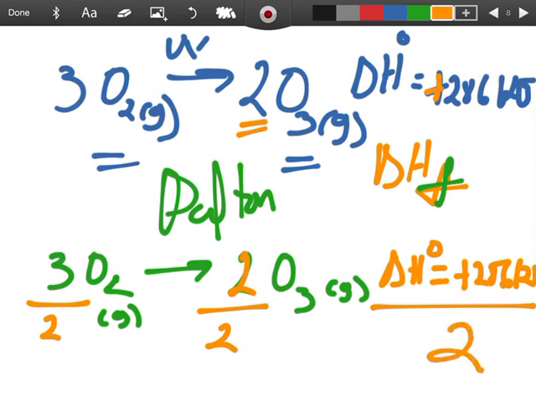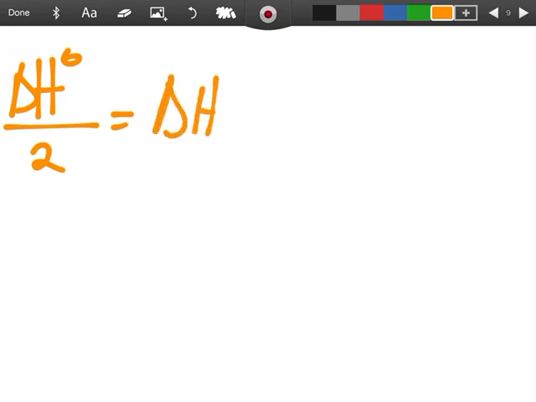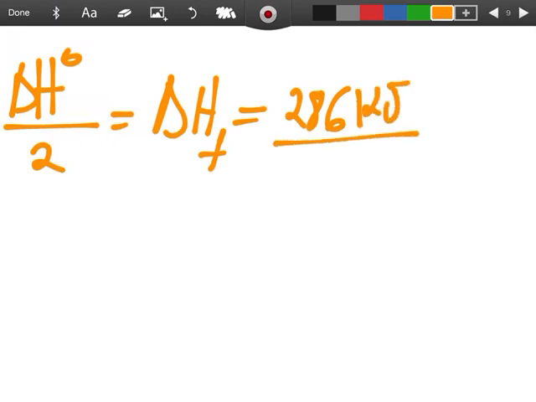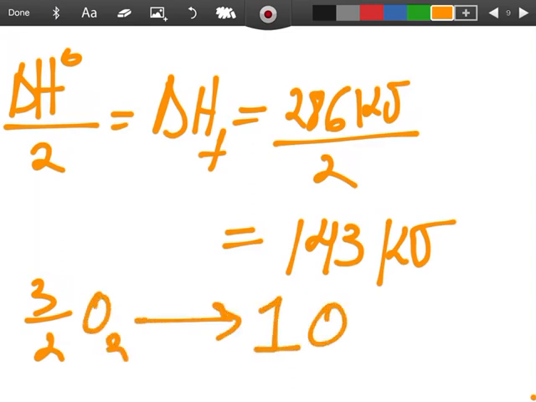So in this case, the enthalpy of the reaction over 2 is the same as the enthalpy of formation, which would be 286 kilojoules over 2, and this will give you 143 kilojoules for 3/2 of oxygen that will be transformed into 1 mole of O3. Okay, and both are gases.